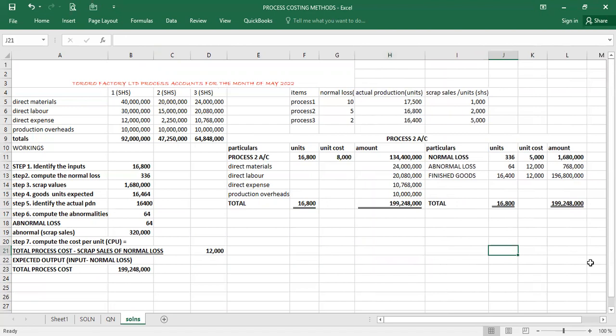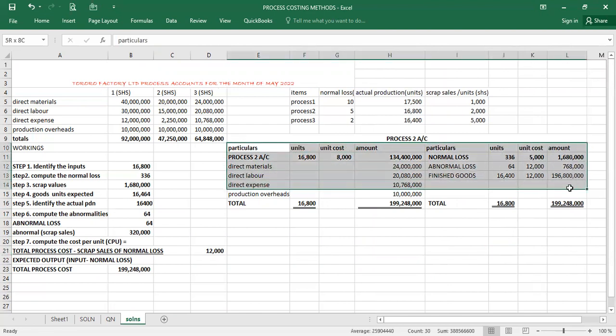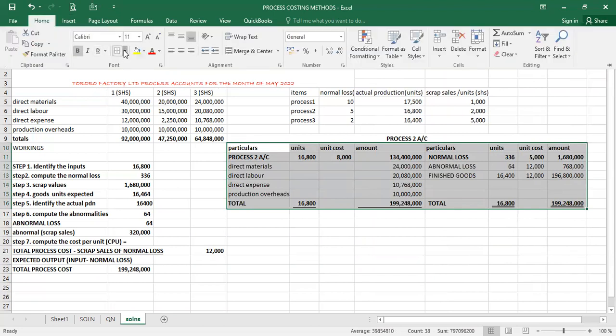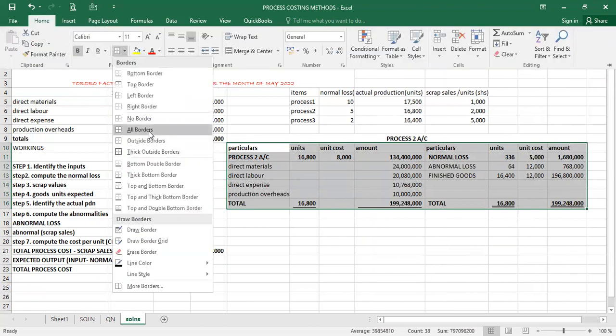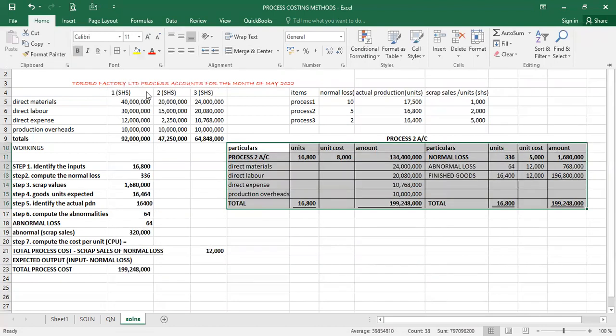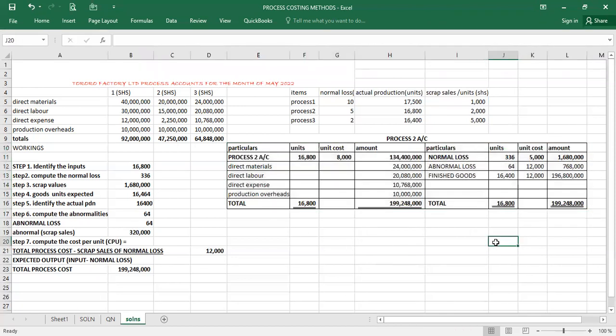The information is very clear, and you can put in the borders so that we get something which looks good, like that. We have the separators, so even if I don't put in again, we save the information, and that's it.